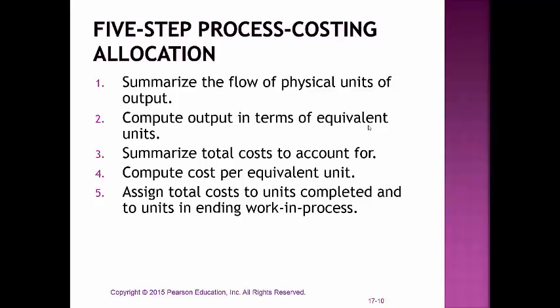And if we've got any ending work in process, we would need to assign a value to those units left in work in process so that we could show that value on our balance sheet.